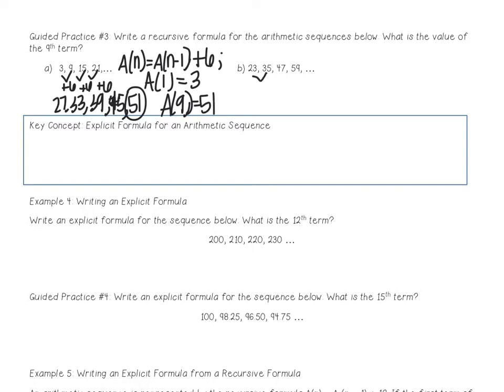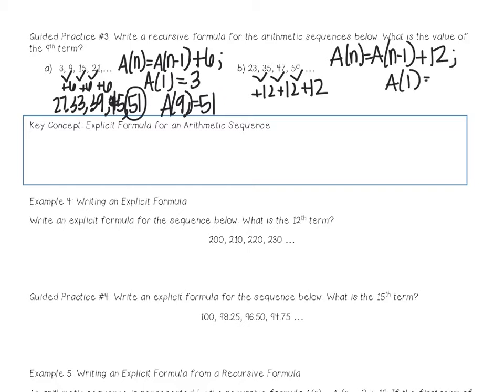For B, the pattern is add 12. So you're going to say A sub n is going to be A sub n minus 1, that's always the same, plus the common difference. Then you state your first term. Then they want to know the 9th term, so we're just going to continue the pattern.